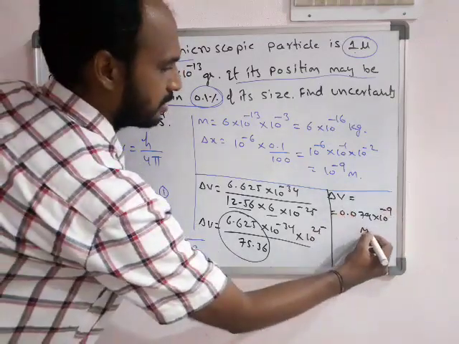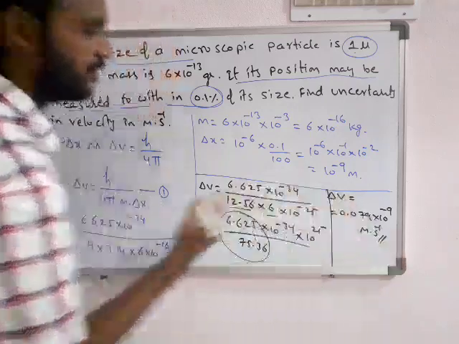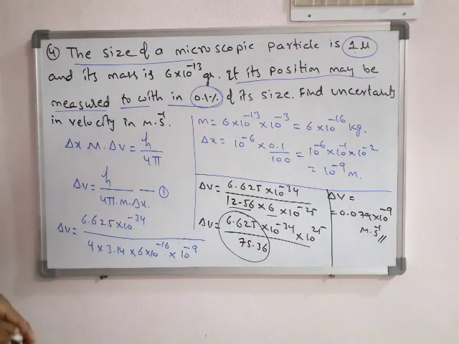So delta V, that is meters per second. So this is the uncertainty in its velocity.